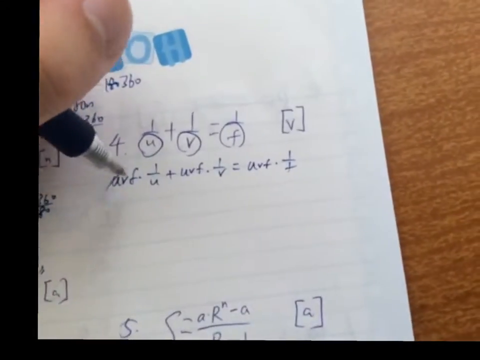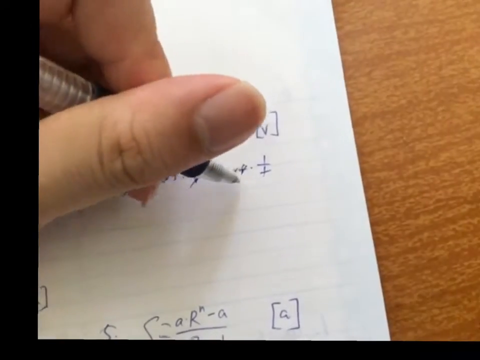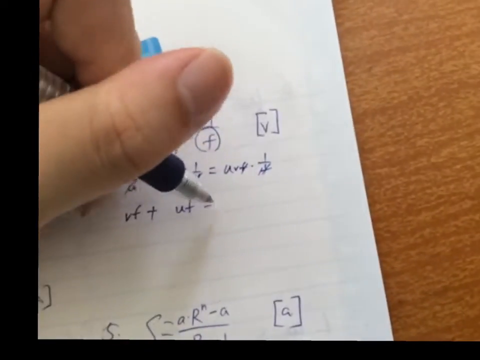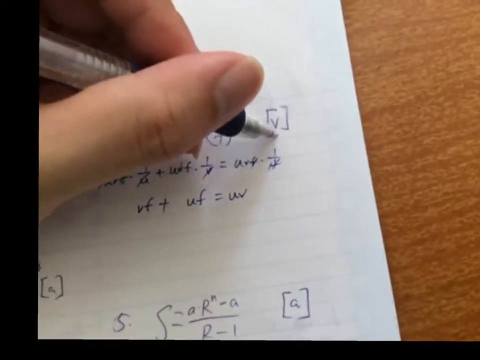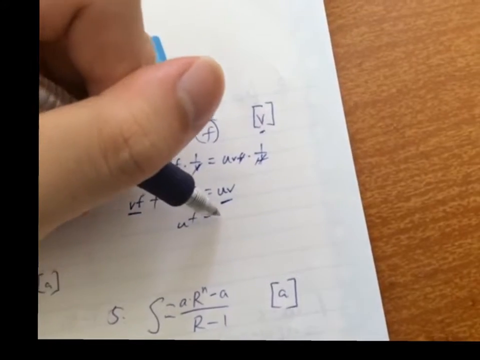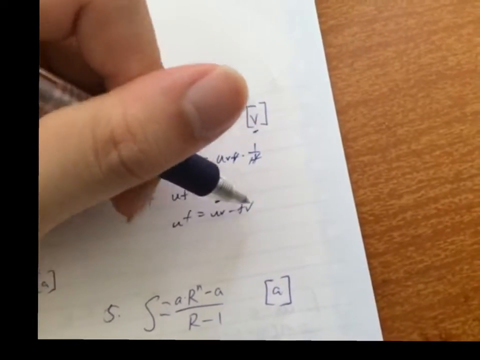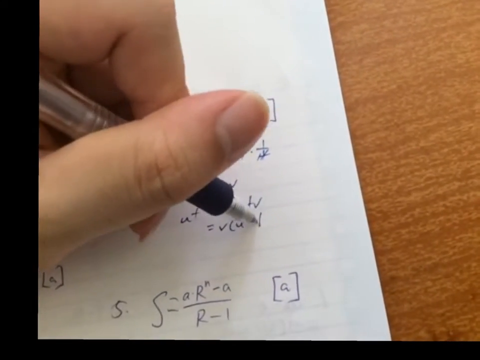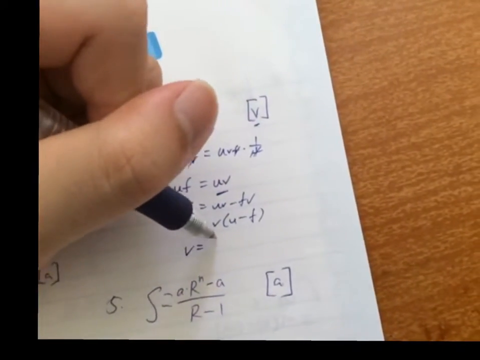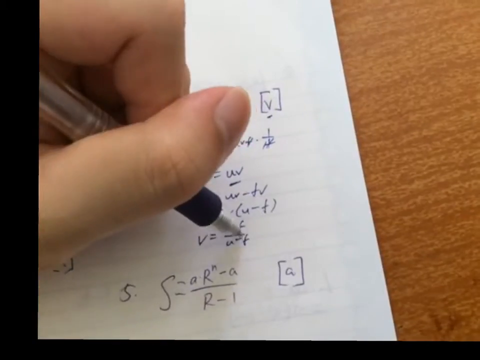And if you cancel out all the stuff, it will be vf plus uf equal to uv. You have to find the v term: uv minus fv, and you can take out the v. Finally, you move the whole thing to the left hand side: v equals uf over u minus f.